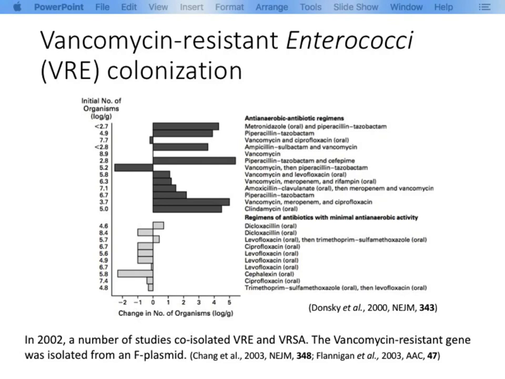What is one quality of C. diff? Spores. It's a great sporulator. Clostridium as a genus are all sporulating bacteria.